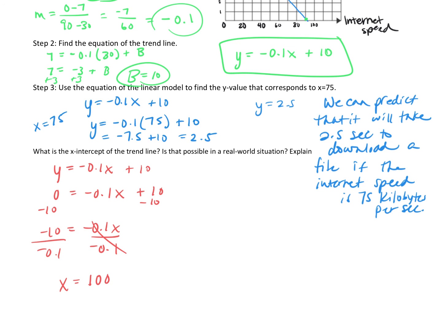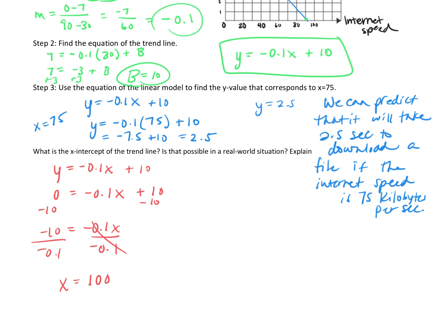So what we're saying is that if your y is 0, that's the time it takes to download something. Our internet speed will be 100 kilobytes per second. So is this possible in the real world? So that means a 100 megabyte file that was part of the story problem above would download instantaneously. 0 time has passed and bam, we downloaded our file.